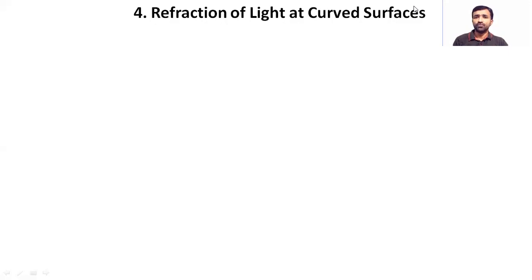Now we are moving to another topic, that is, simply, what is a lens. A lens is a simple device, an application of light. A lens is made up of a transparent material medium, right?